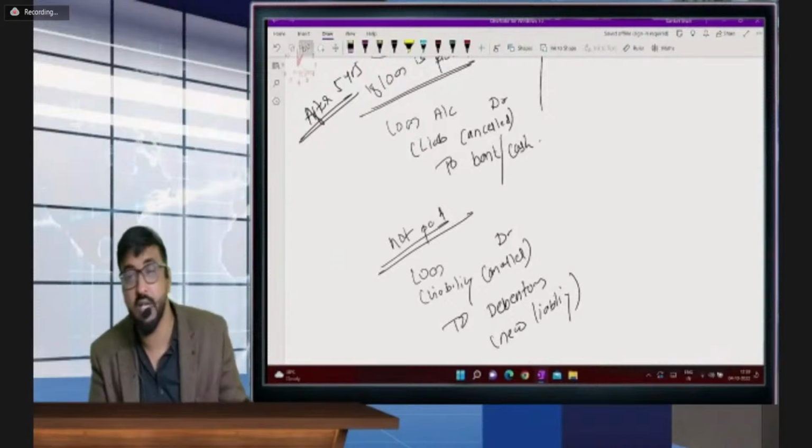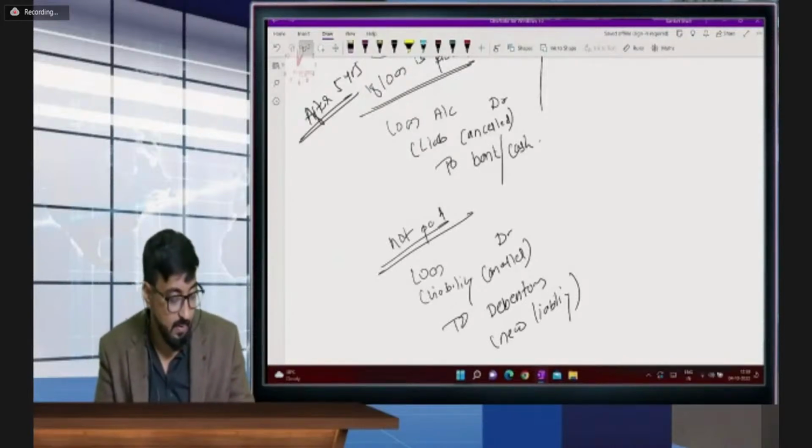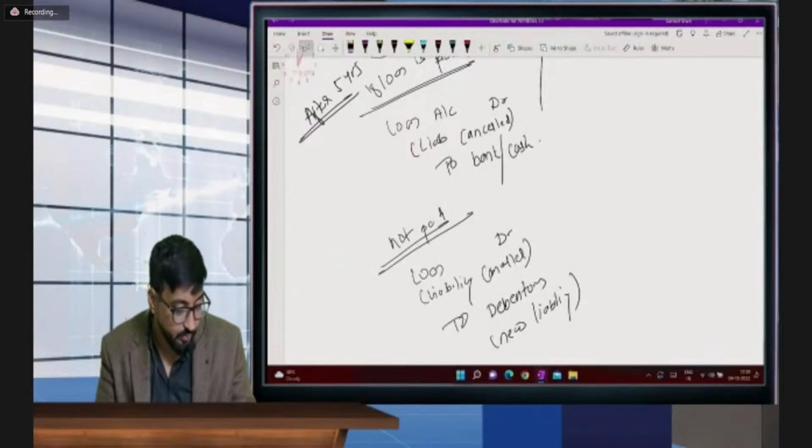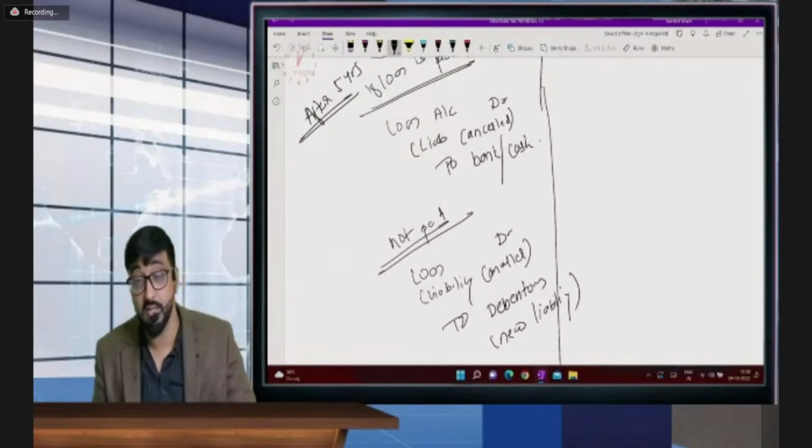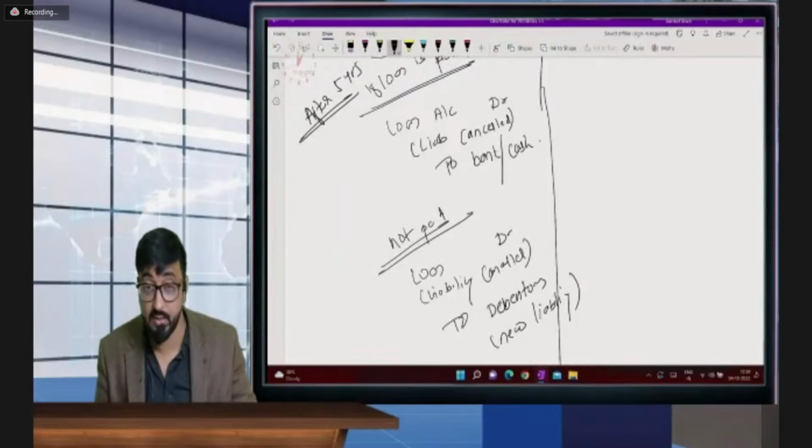First option easy hai, difficult hai? First option, tell me. First option easy or not easy? This is the simplest option. Now, sir, today's session is not a very grasping session. इसमें practice लगेगा.